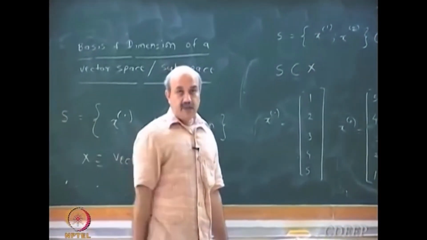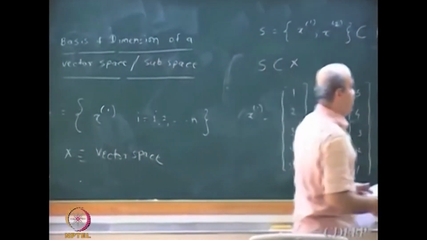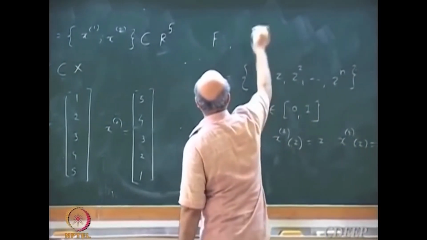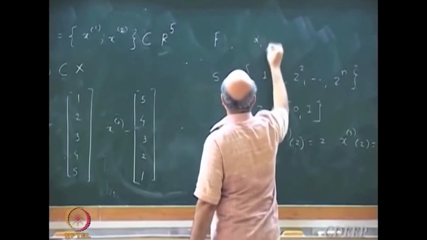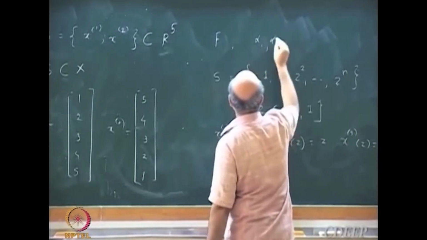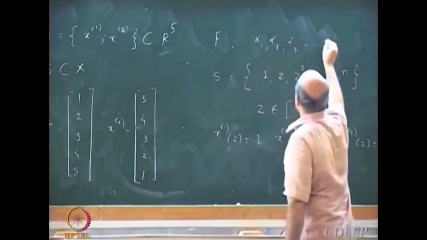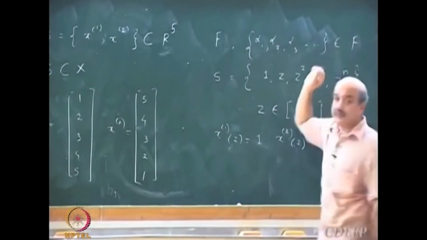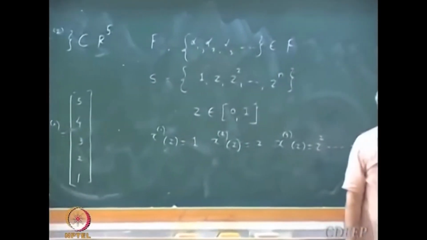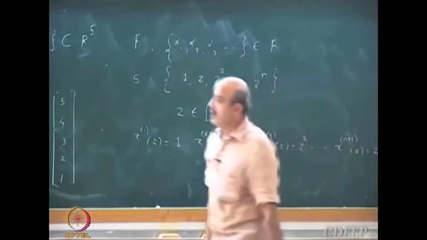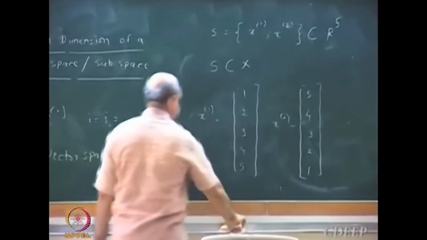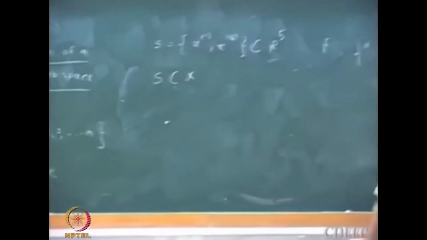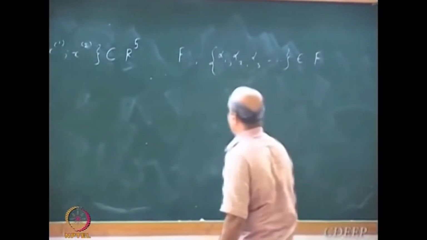Then yesterday, just a quick review, we talked about linear combinations. F is my field, and if I take some scalars, say alpha 1, alpha 2, alpha 3, which belong to F, then we define a vector which is a linear combination of the original vectors.